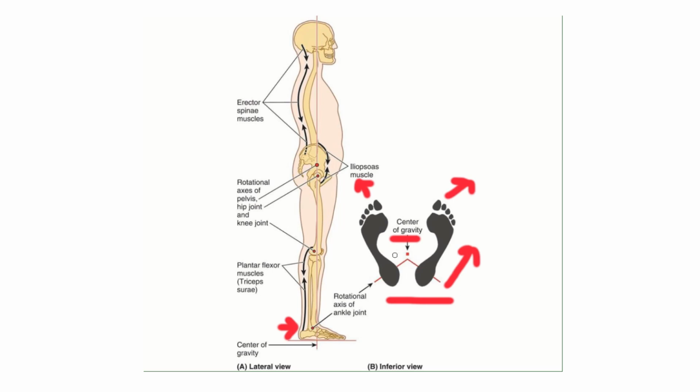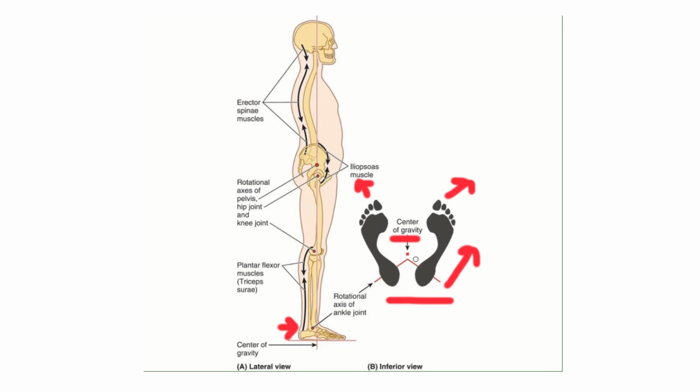If you see in this section, it falls between the two limbs, just anterior to the axis of the ankle joint. As it is anterior to the ankle joint, there may be a slight risk of falling forward. This slight tendency of falling forward is called forward sway.